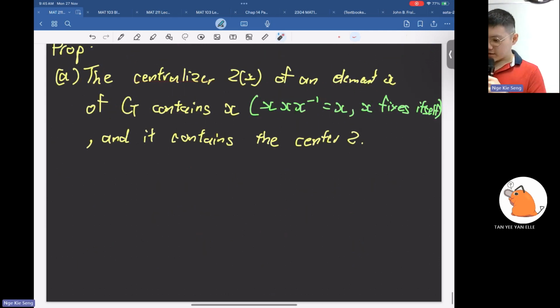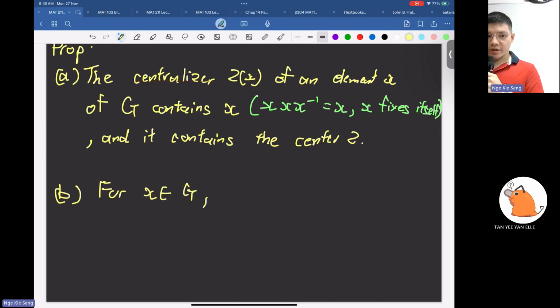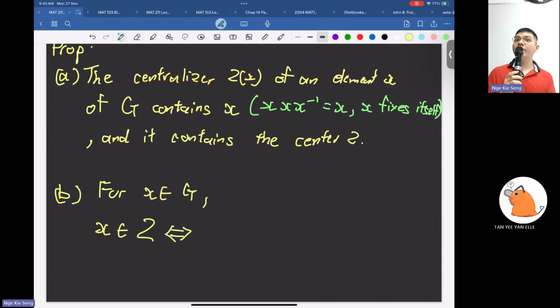And then B, what do we have? For all x in G, if x is in the center, what does it mean? This means that my x has to commute with everything, right?